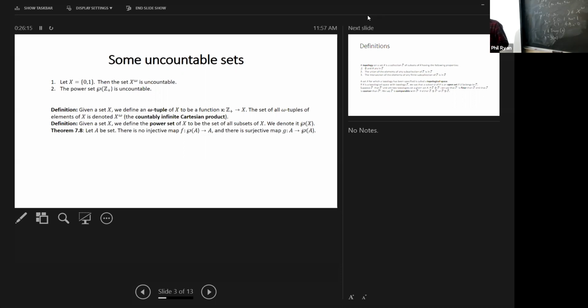Really clever little trick. I think Cantor was the first one to come up with this argument. It's basically the same as the diagonal argument, right? Yes. This is a very famous argument in set theory and logic that's used all the time.